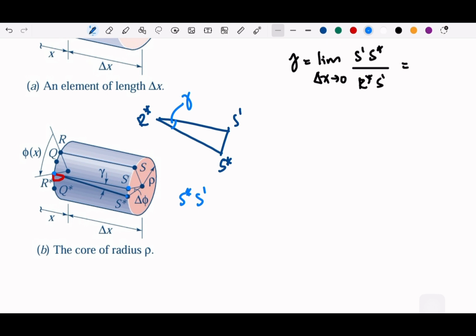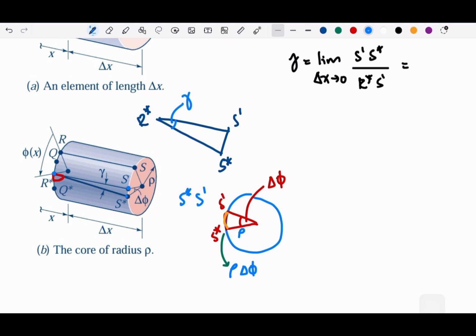This is a sector, so let's say here is the delta psi. If we have the radius rho, then this will be rho delta psi, right?